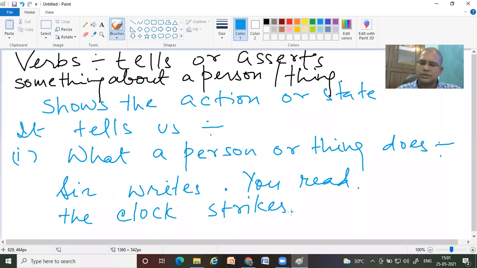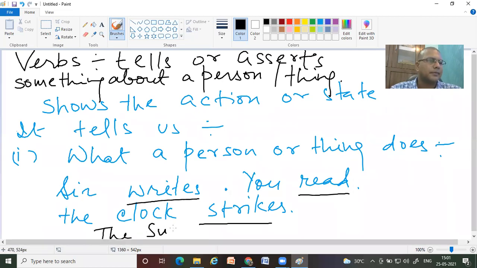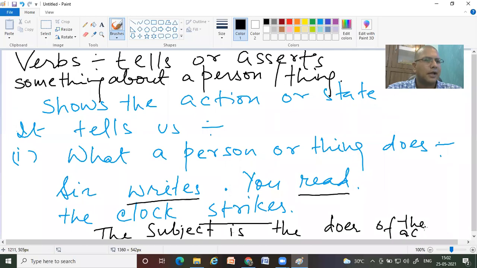So this shows that the verb tells us that its subject is the doer of the action. Now the verbs writes, read, and strikes just tell us that the subject is the doer of the action.